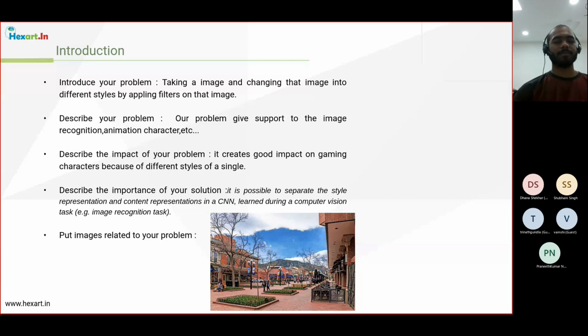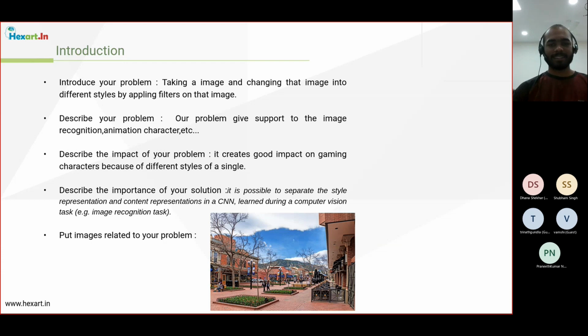The introduction to my problem is that I have taken an image and changed it into different styles by applying filters. It gives support to image recognition, animation characters, and social media platforms like Snapchat, Instagram, TikTok, etc.